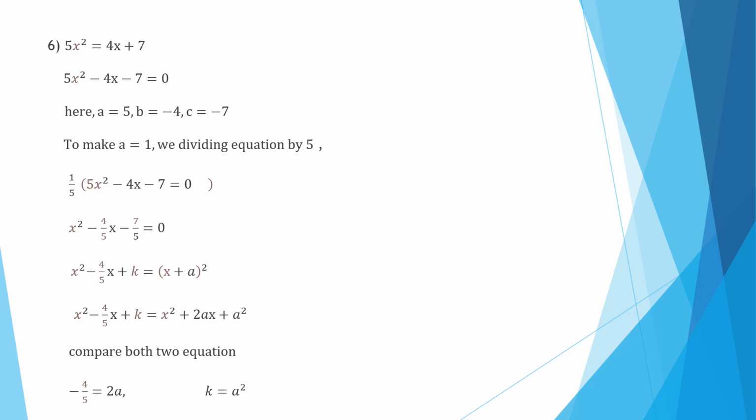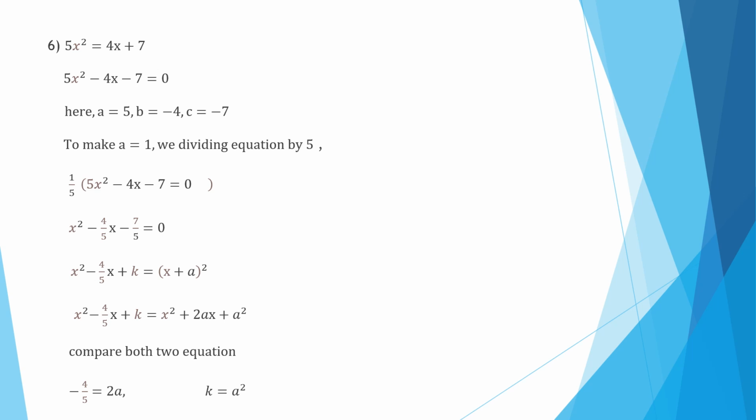Then we write x² − (4/5)x + k is equal to (x + a)². Then we solve this bracket. (x + a)² is equal to x² + 2ax + a². Then we compare both these two equations.